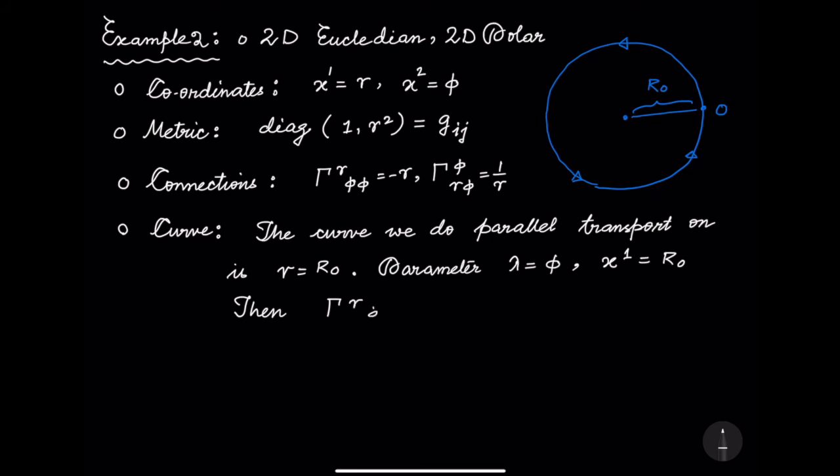So gamma R phi phi, which if you wish you can also write as gamma 1 2 2, is minus R naught, and gamma phi R phi, which is gamma 2 1 2, is 1 by R naught. So these are constant.